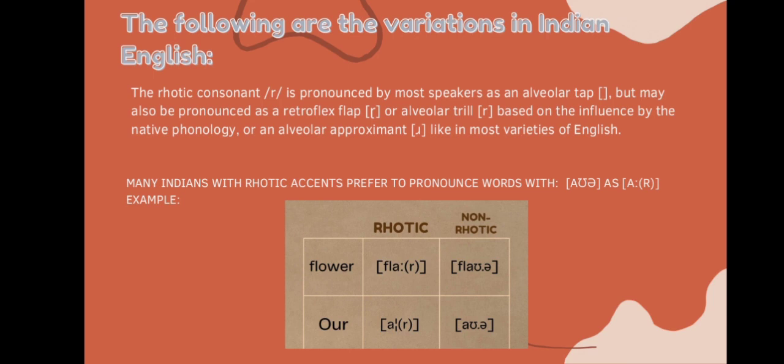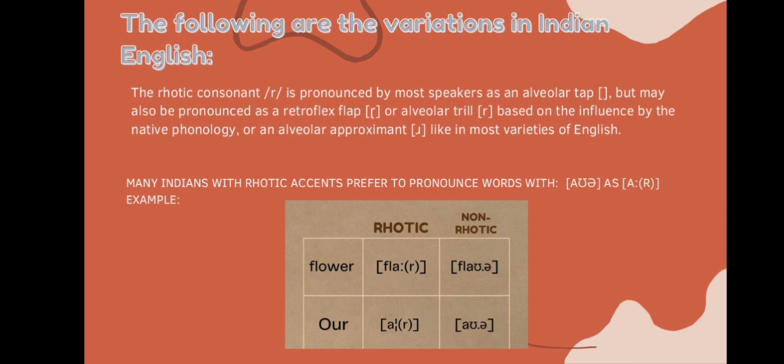The rhotic consonant R is pronounced by most speakers as an alveolar tap, but may also be pronounced as a retroflex flap or alveolar trill, based on the influence of the native phonology, or as an alveolar approximant, like in most varieties of English.